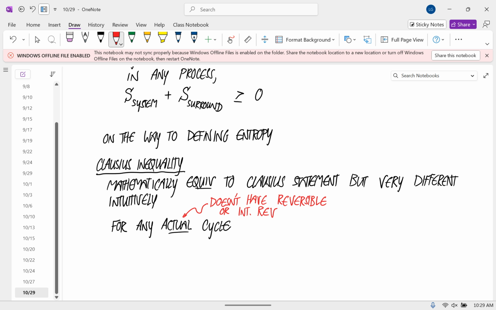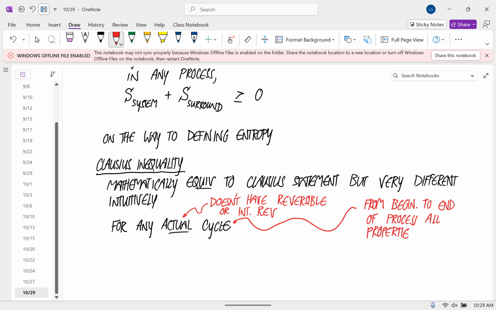And the cycle means that from the beginning to the end of the process, all properties are unchanged inside your system.